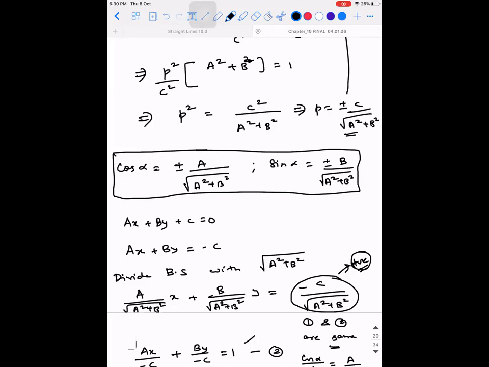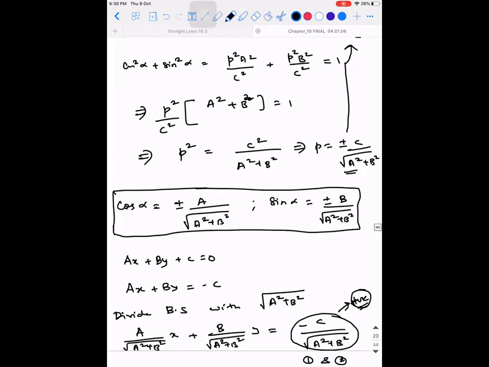Now, how to apply this, I will explain it. First, I want you all to copy this.